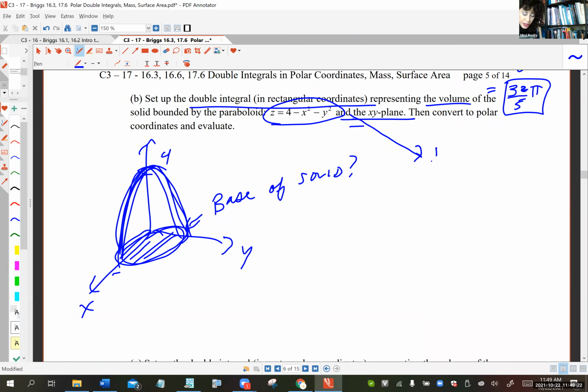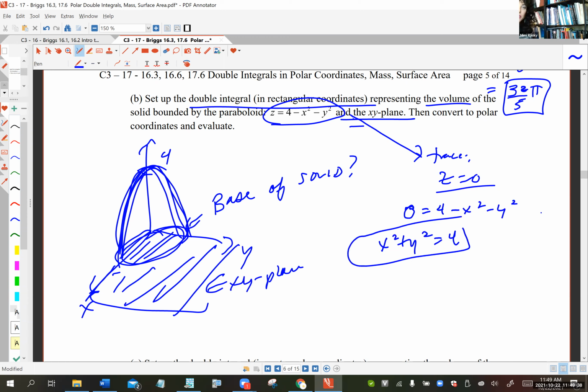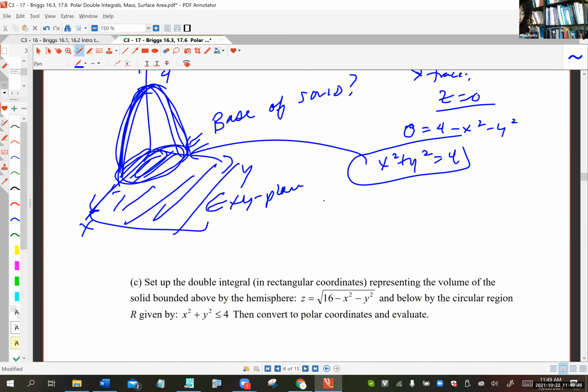How? So the trace is found by setting z equal to 0, because z equals 0 when you're in the XY plane. That's the whole point. So when you set z equal to 0 with the paraboloid equation and you rearrange it, aha, you get a circle centered at the origin of radius 2. And in fact, that is the trace.